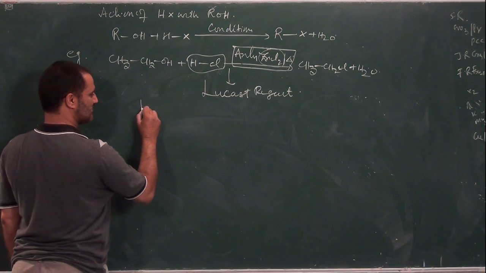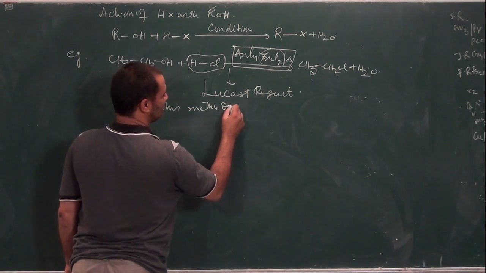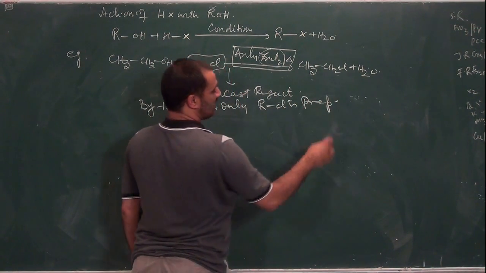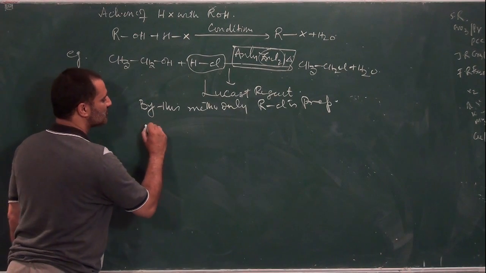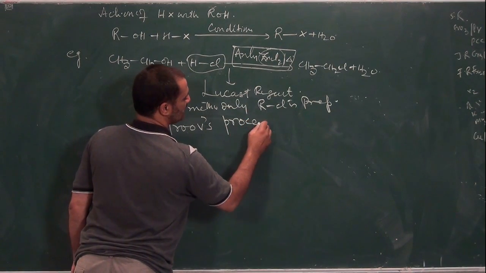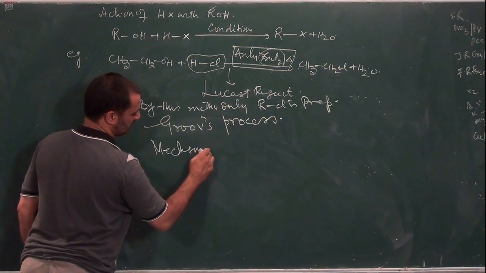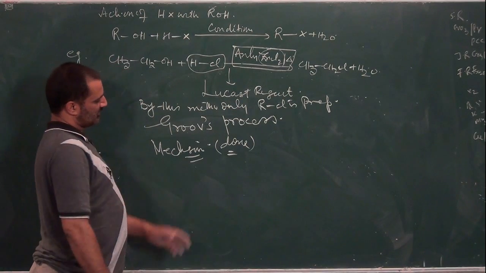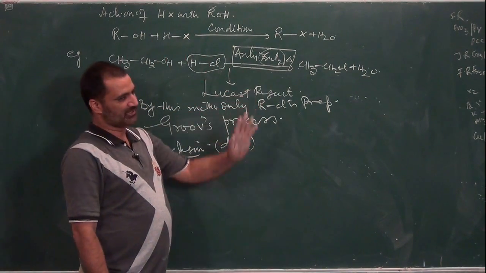So by this method only RCl is prepared, and this method of preparation of alkyl halides is known as Groove's process. So far as the mechanism of these reactions is concerned, we have already done this when we discussed the preparation of alkyl halides.